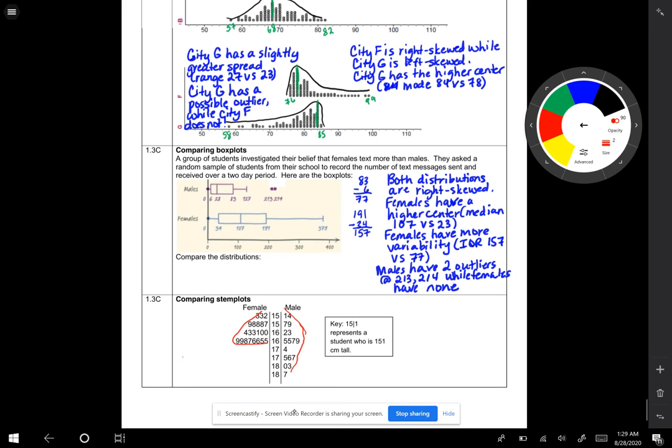So it's actually left skewed, even though you're drawing it that way. You just kind of have to visualize it a little bit differently. So males are symmetric, while females are left skewed.